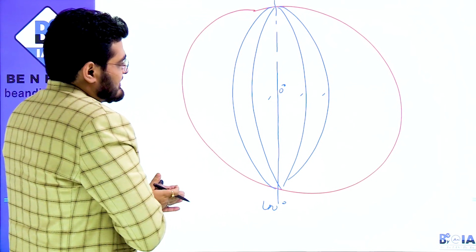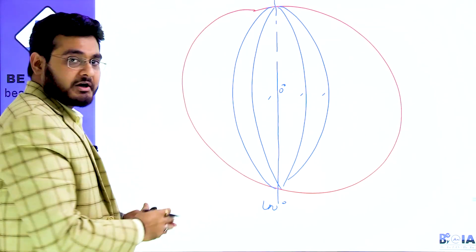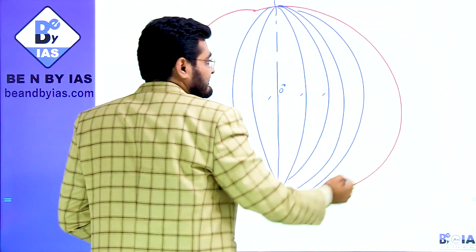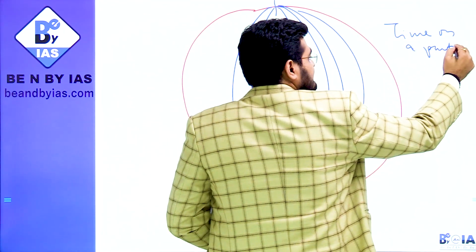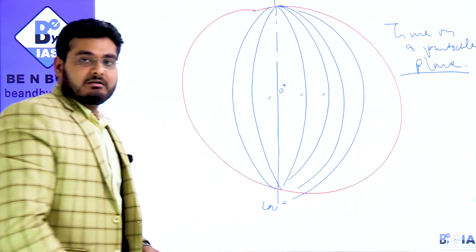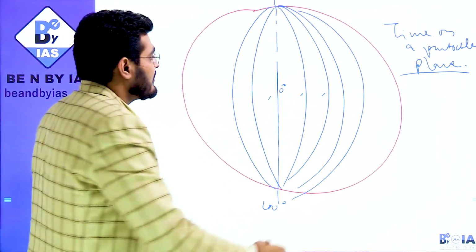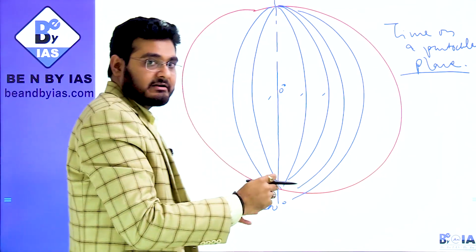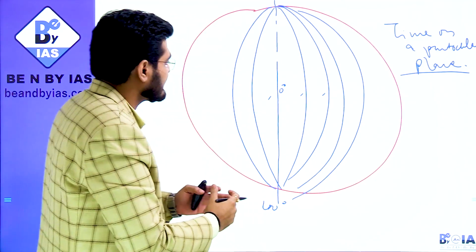One very important aspect of the longitudes is that they help us in deciding the time on a particular place. Obviously, as we have seen, the equator divides Earth into equal halves, that is northern and southern hemisphere.